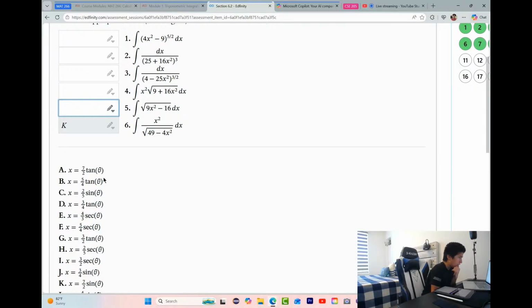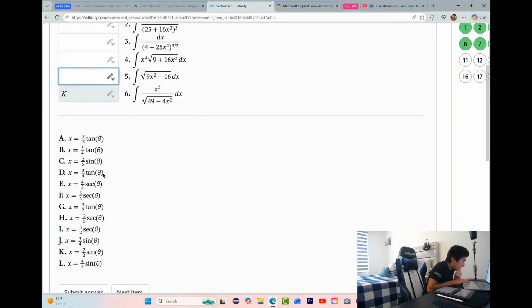So here we need a secant. All right, well, we need at least a secant. So we have a couple of secants right here. So what works? If we have secant of theta times 3 halves, what happens there? Now we get 18 halves and 9. Wait, what? Oh, for real?